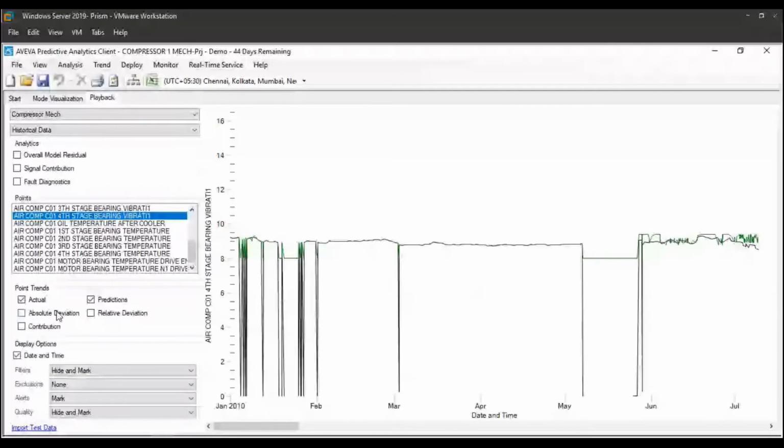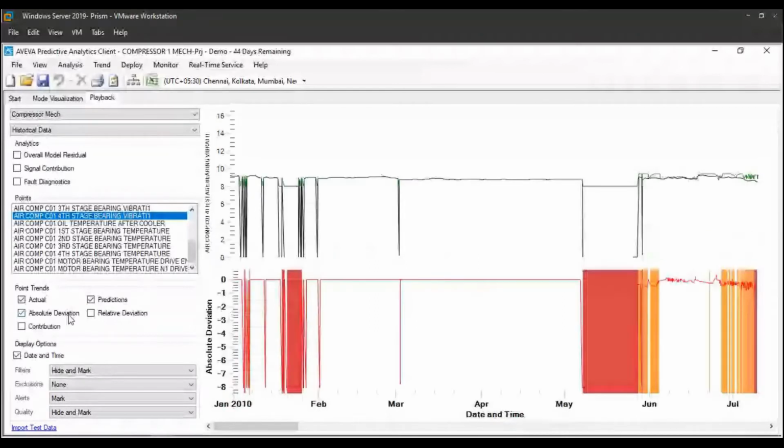So the entire concept of the analysis over here is that in the graph that you're seeing right now, the green line indicates what the software predicted the value of the sensor to be, and the black line indicates what the actual value coming from the sensor was. Whenever there is a significant deviation from what the software was expecting and what the actual value stream was, the software then tries to calculate how much it is deviating, and that deviation is then shown over here.